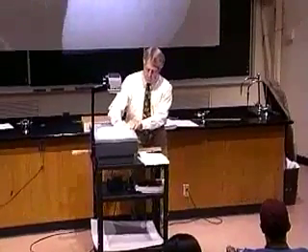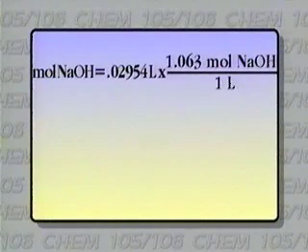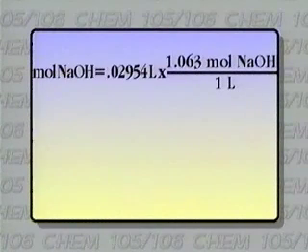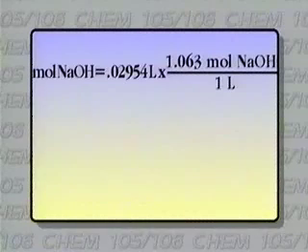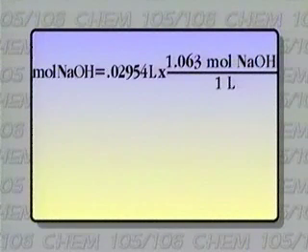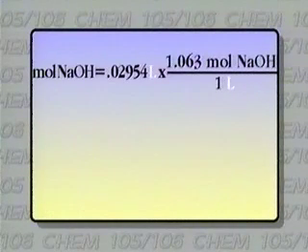So the first step, once again, moles of NaOH, which is our known. Volume in liters, 0.2954 liters multiplied by 1.063 mole of NaOH per 1 liter. So the liters cancel.